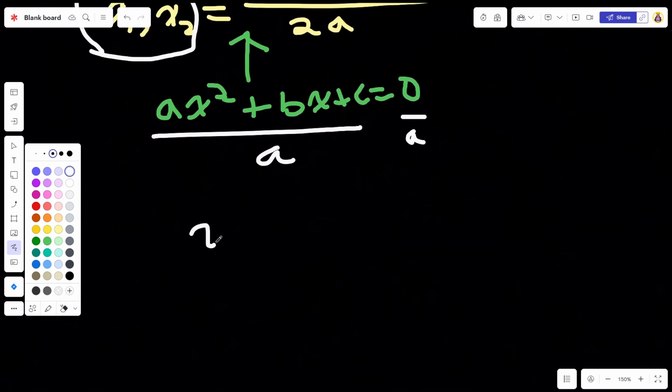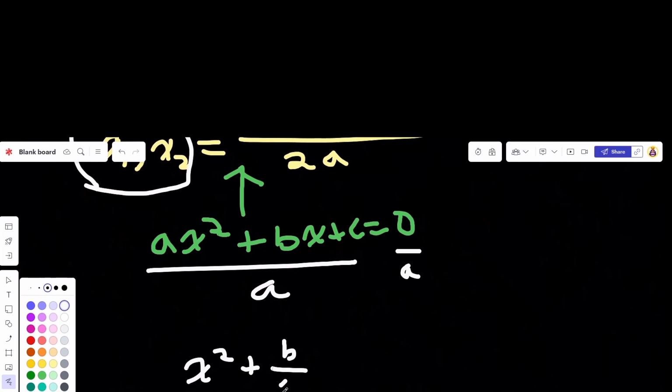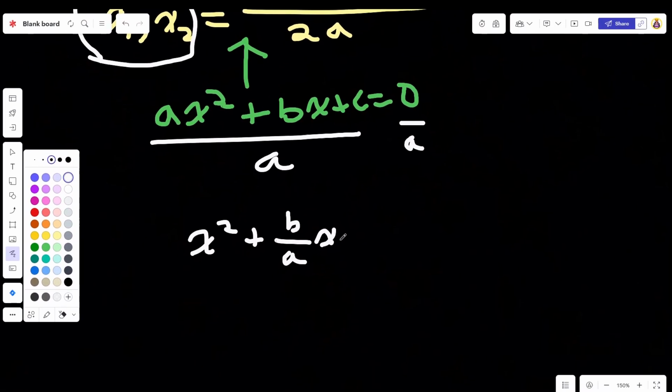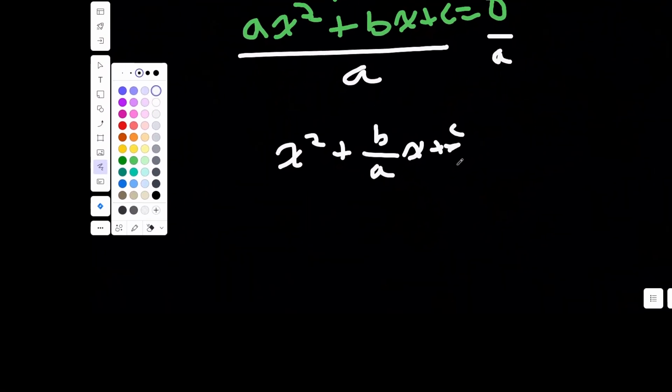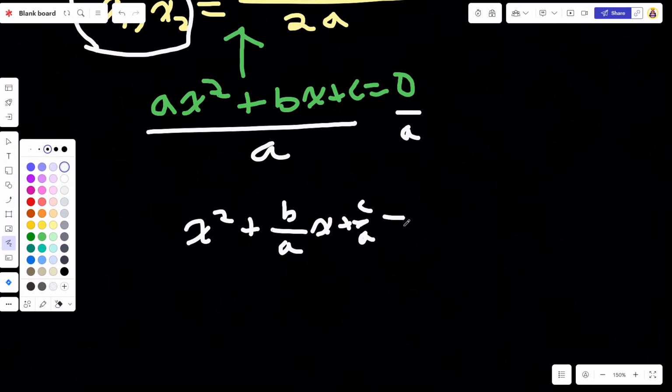I'm going to get x squared plus b over a x, plus c over a equals 0.